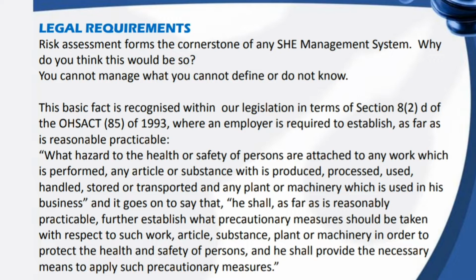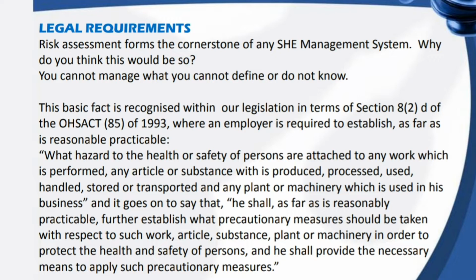This basic fact is recognized within our legislation in terms of Section 8(2)(d) of the OS Act, 85 of 1993, where an employer is required to establish, as far as is reasonably practicable, what hazards to the health or safety of persons are attached to any work which is performed, any article or substance which is produced, processed, used, handled, stored or transported, and any plant or machinery which is used in his business.